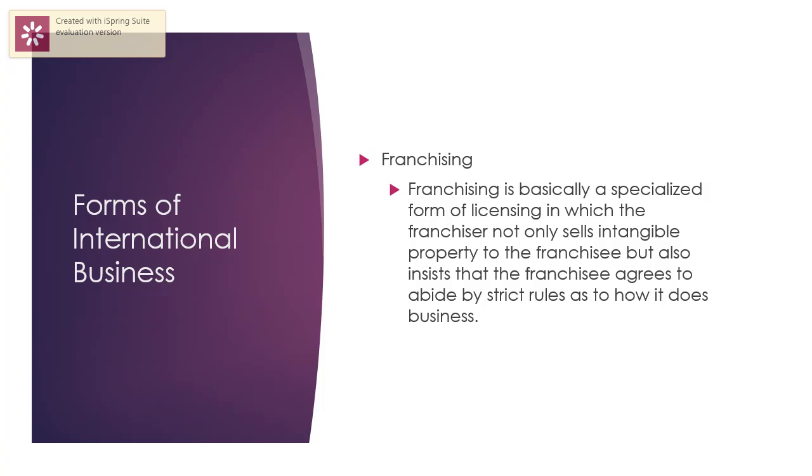When it comes to control, right from the purchase of the raw material to the finished good and to the environment created for the customers and employees, the franchisee must follow the standard operating procedures set by the company itself.